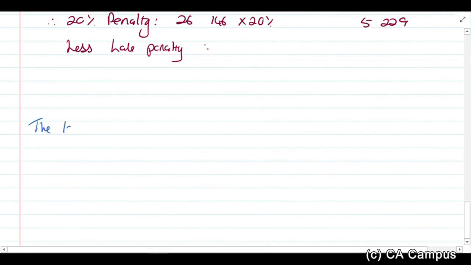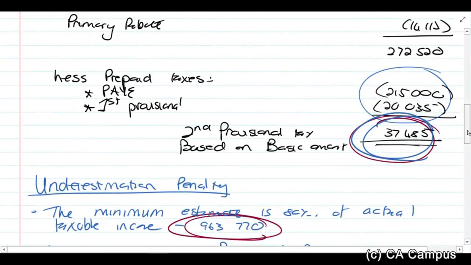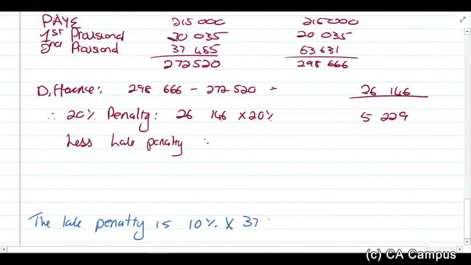The late penalty is 10% times whatever she actually paid, 37,485. So 3,749, just round it up.